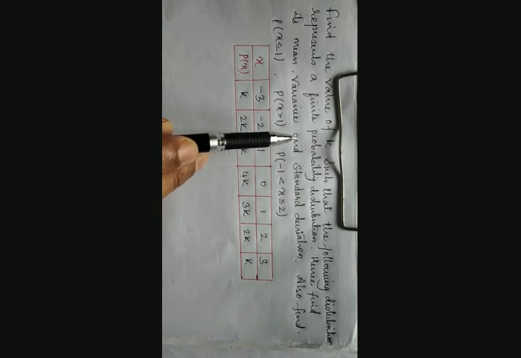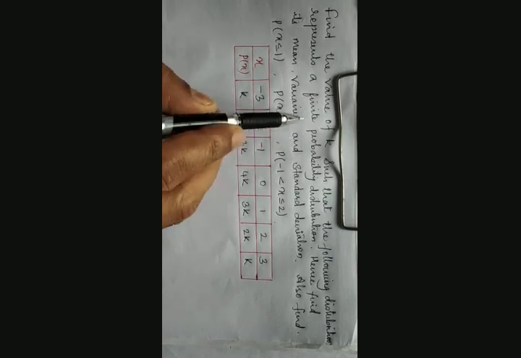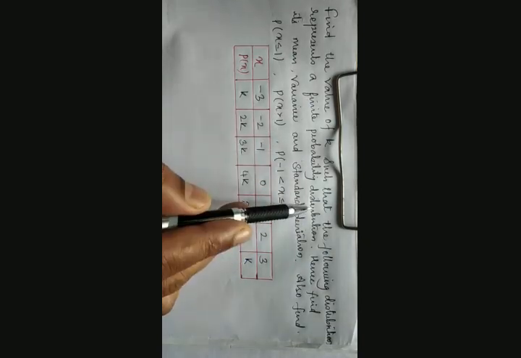To calculate this, first we need to concentrate on the word given. They said finite probability distribution, means this table represents a finite probability distribution. Then we need to go on to calculate the value of k.